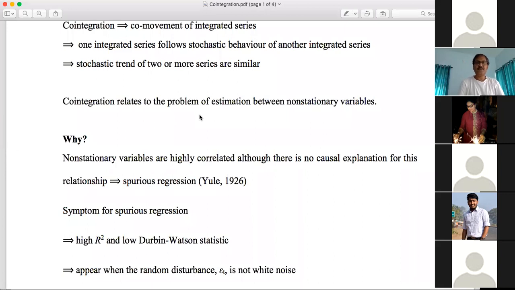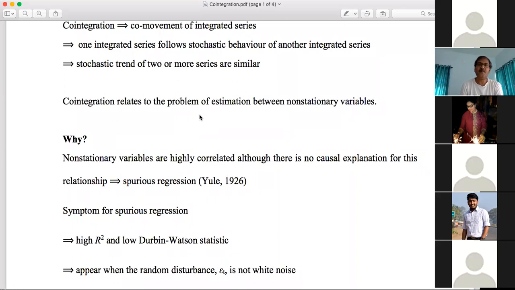But suppose you have two variables. One is consumption expenditure, another is car accident. So one variable x1 indicates consumption expenditure, another variable x2 indicates car accident. So your real life experience should suggest there should be no correlation between consumption expenditure and car accident, because there is no theoretical logic behind how number of car accident depends on consumption expenditure or consumption expenditure depends on number of car accidents.